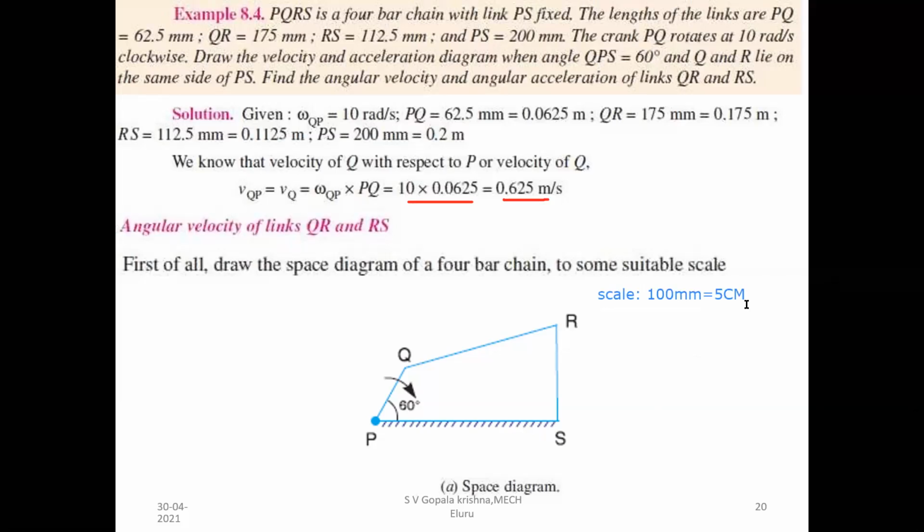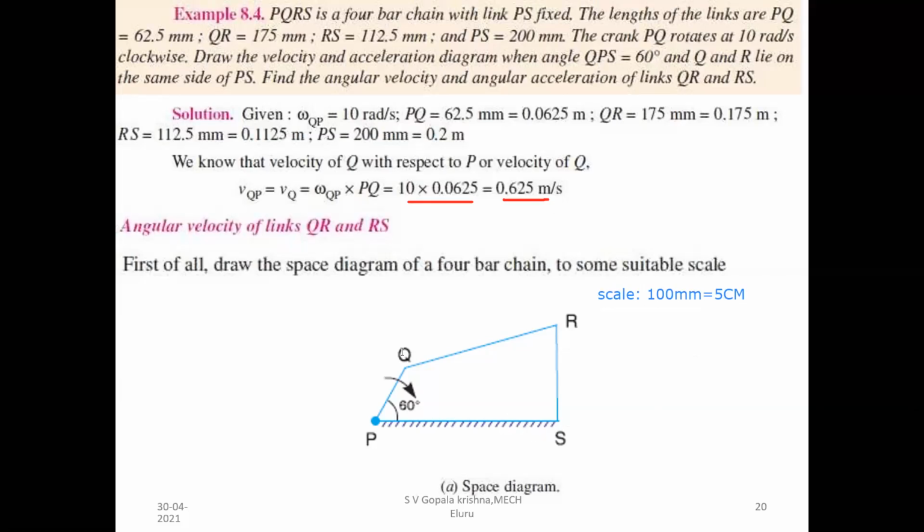From that, the PS value of 200 mm means we draw a horizontal line 10 centimeters long. That is PS.